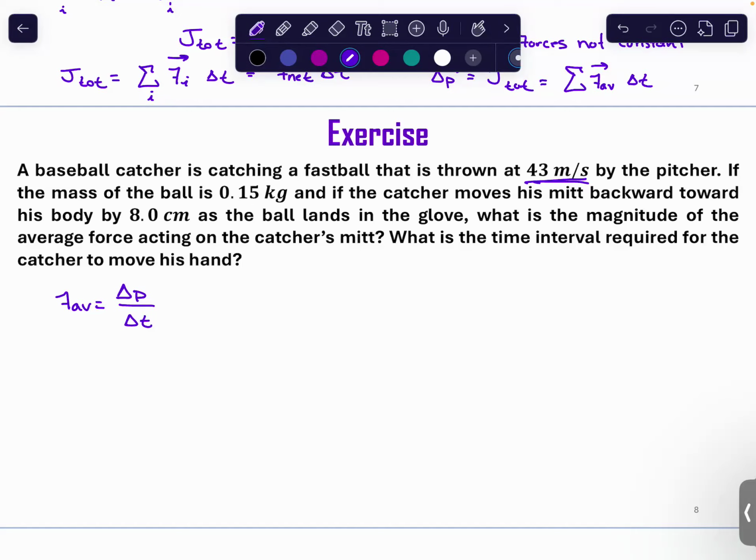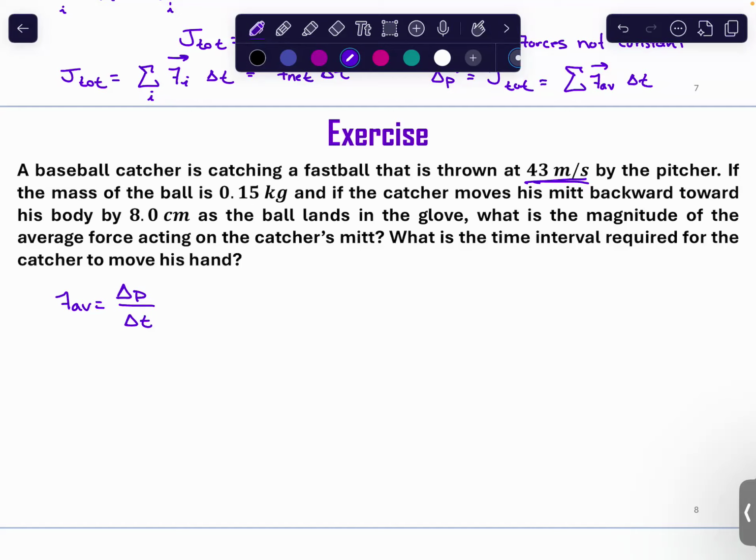The time over which the ball initially touches the mitt to the point at which everything stops. To solve this, we need delta t. I chose this one.